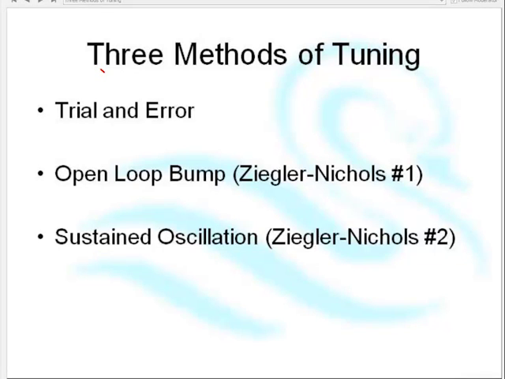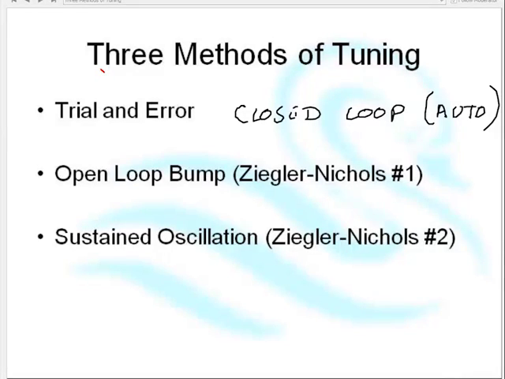So, there's the three methods. The trial and error method is a closed loop method. In other words, we have the system in auto. The open loop bump is an open loop method, so we have the system in manual.